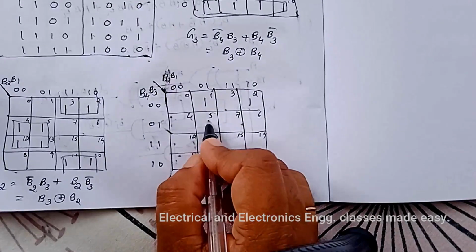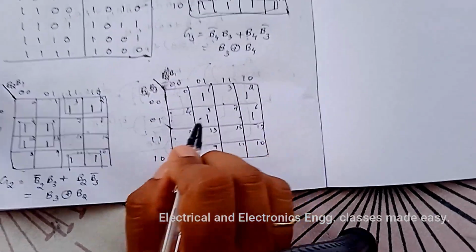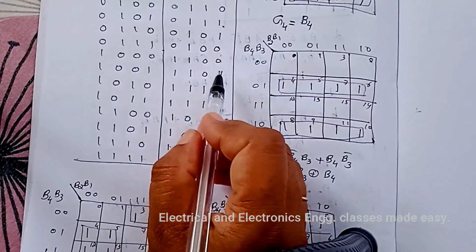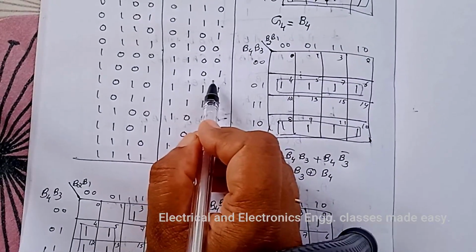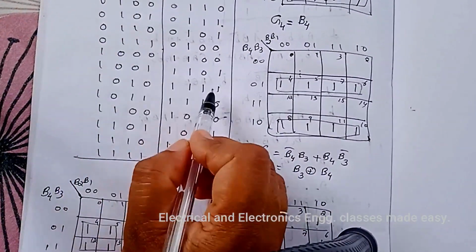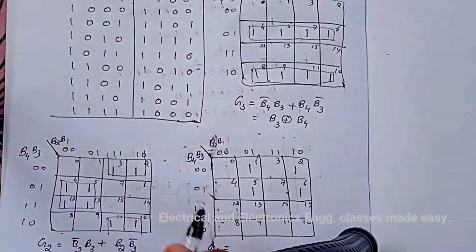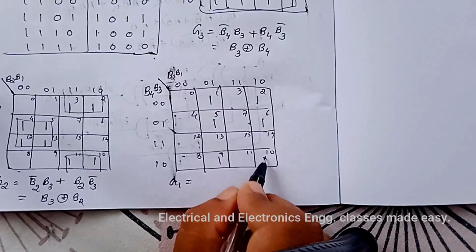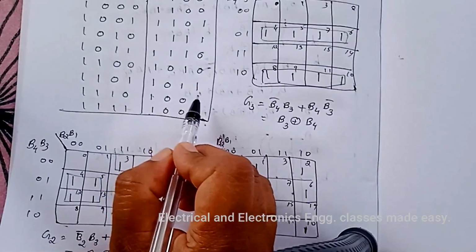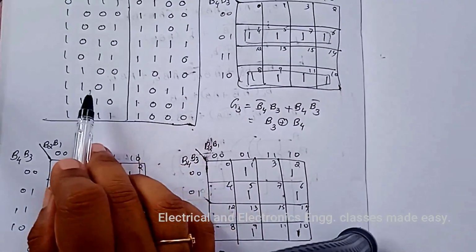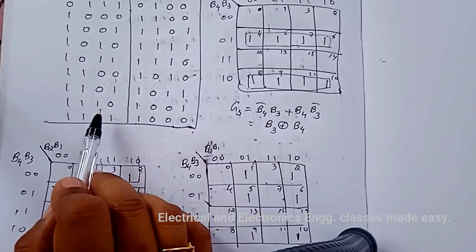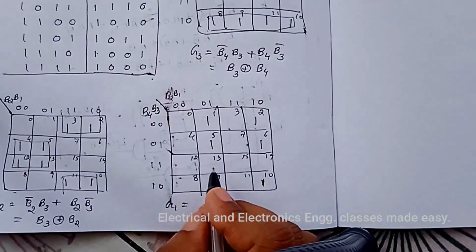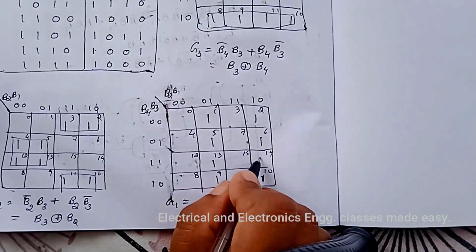So here 5 and 6. Next one is this one, that is 9 and 10. And next is this one, this is 13 and 14.